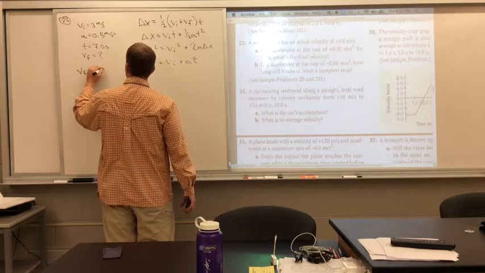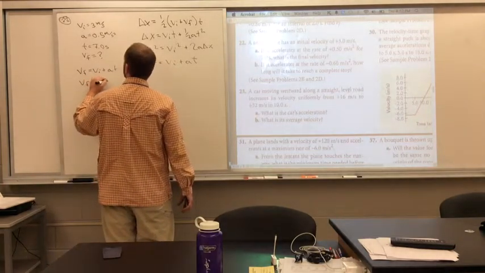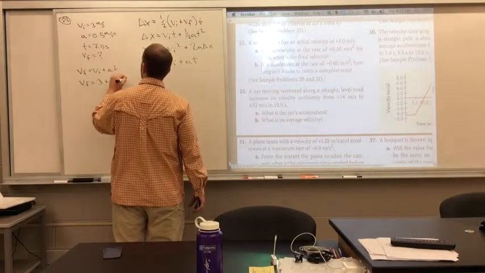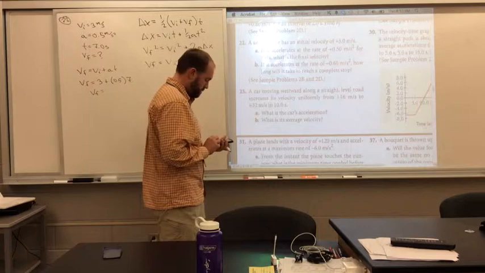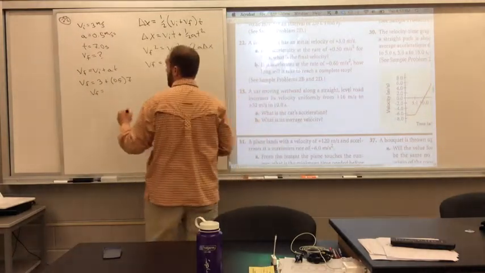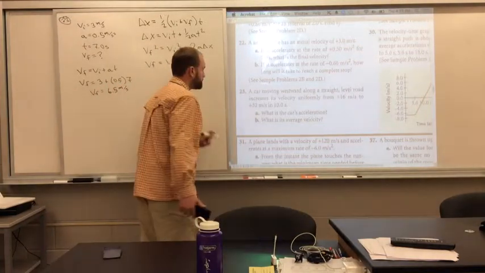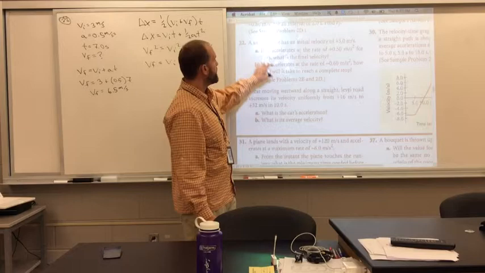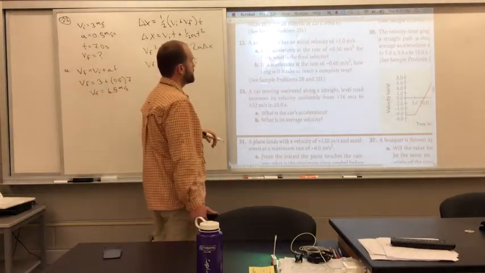VF equals VI plus A times T. VF equals 3 plus 0.5 times 7. VF equals 6.5 meters per second. All right, so that's the answer for A. All this work here is for A.